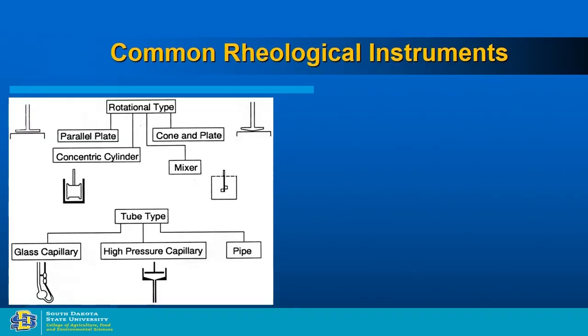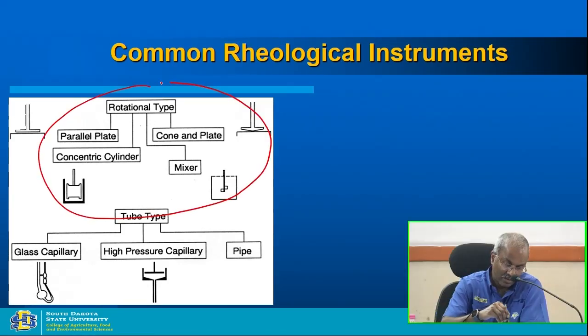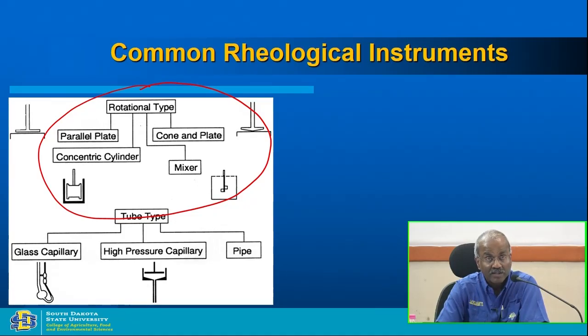If you look at these different instruments, you will be exposed to at least the top portion of it. I think you'll be using an instrument called a rheometer on Friday, and that is called an objective test. In this rheometer, you can use different configurations.